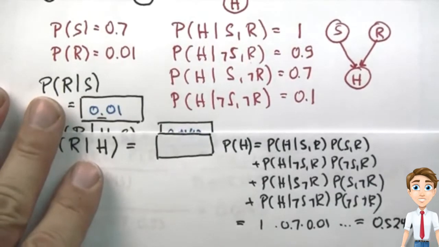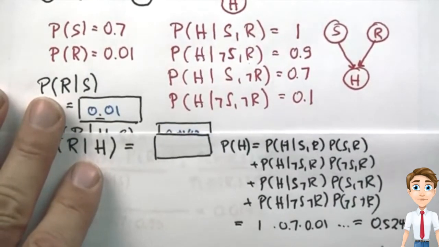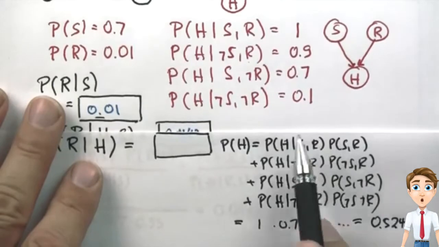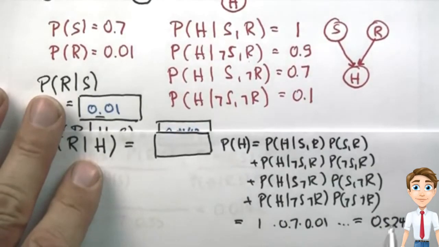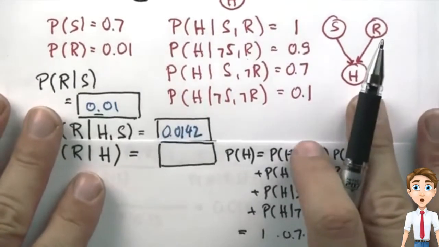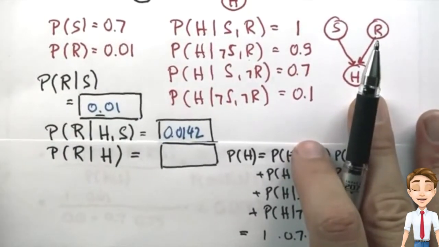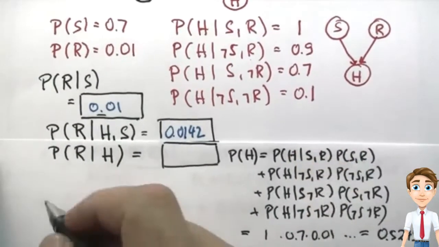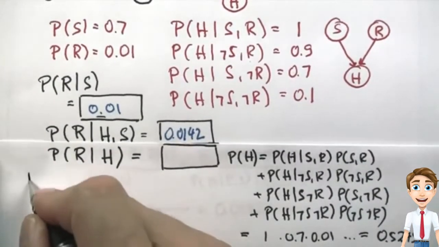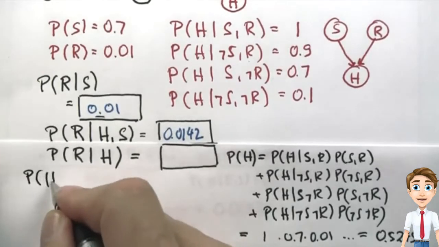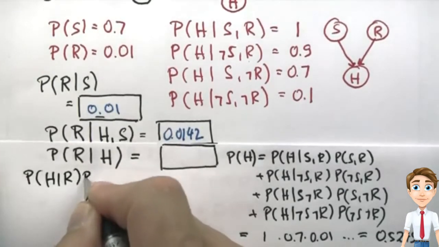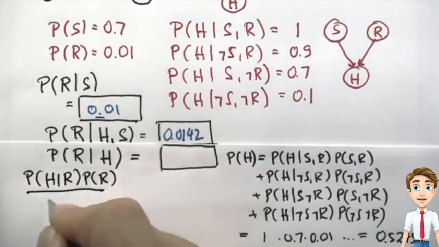That's P of H. Just take some time and do the math by going through these different cases using total probability, and you get this result. Now, armed with this number, the rest now becomes easy, which is we can use Bayes' rule to turn this around. P of H given R times P of R over P of H.